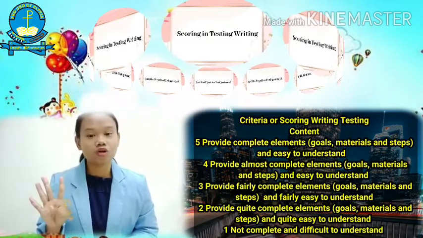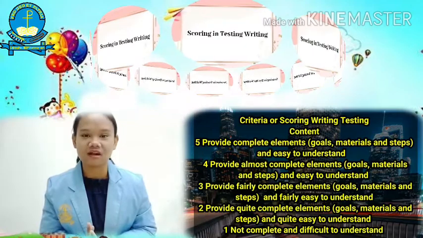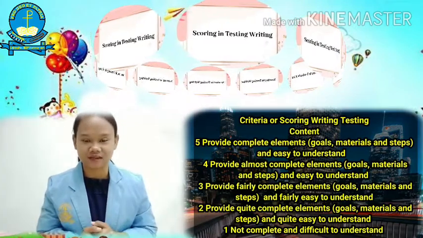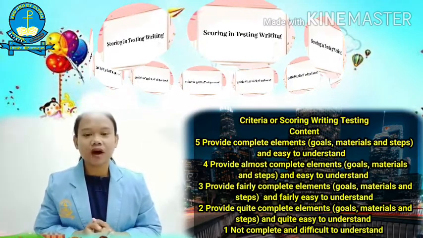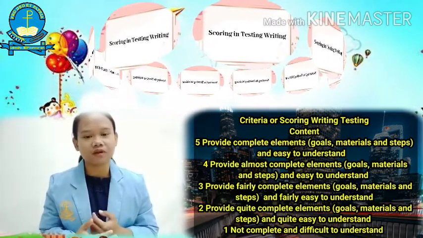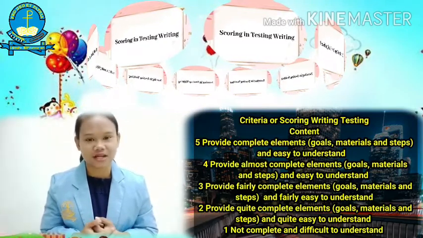For 4 scores, provide almost complete elements and easy to understand. For 3 scores, provide fairly complete elements and fairly easy to understand.